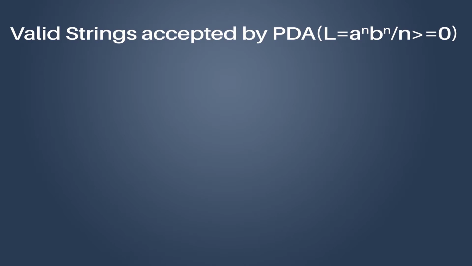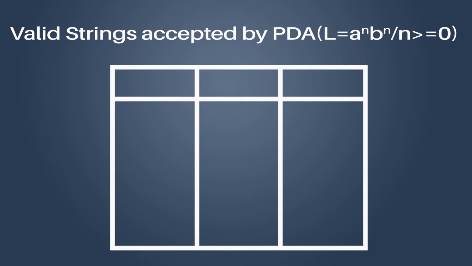Even before I write the transition function, the valid strings that would be accepted by this pushdown automata are listed in this table. My first column is n, second column is the language, and the third column is the string.